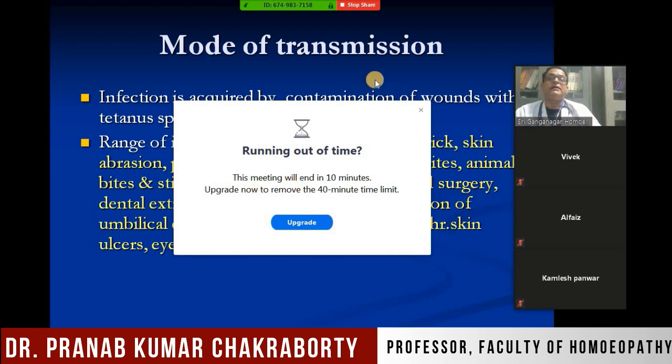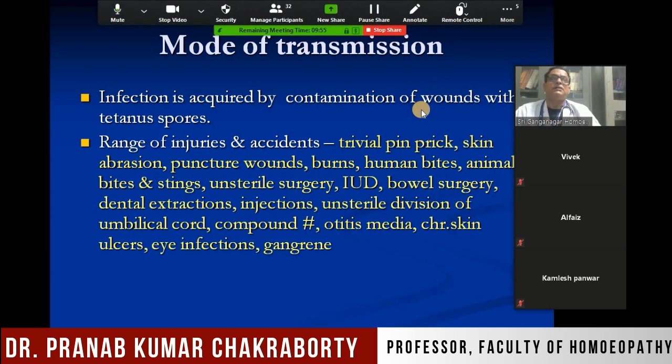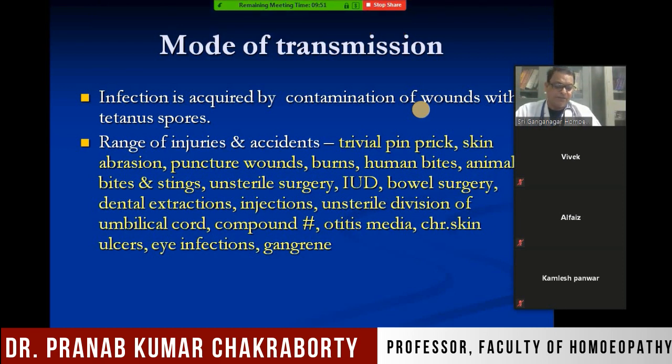But suddenly a few months after, he develops tetanus, and the incubation period depends, from a few days to a few weeks to even a few months.